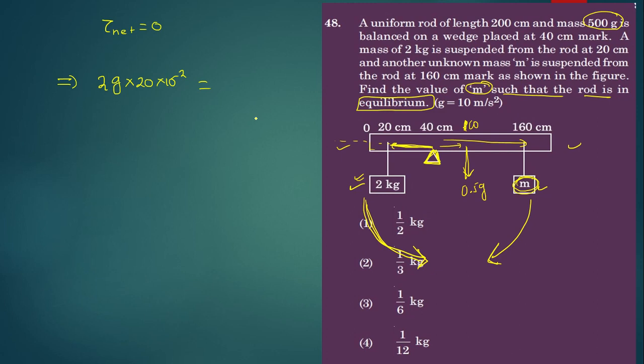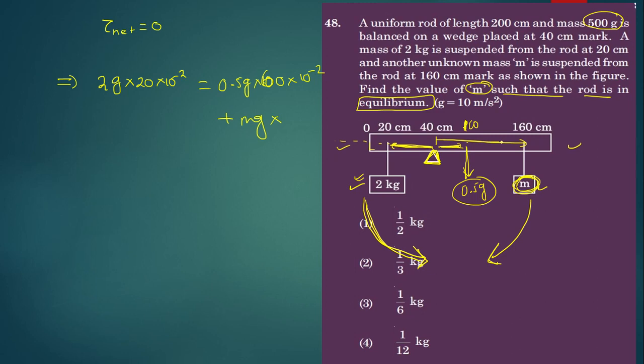Anyway this will be cancelled. Then the torque due to this particular force will be equal to 0.5 g multiplied by this distance, 100 minus 40 is 60, multiplied by 10 power minus 2 when we convert it into meter, plus the torque due to this mass multiplied by acceleration due to gravity.